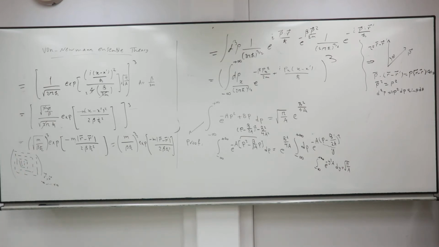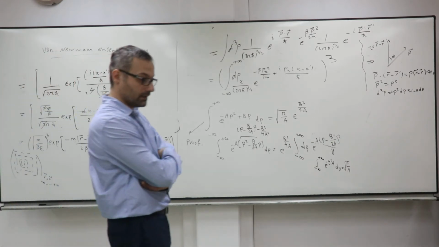It seems that is finished, but we needed to do one thing. The thing is that we need to find the trace of this rho. Huh? We needed also the trace.